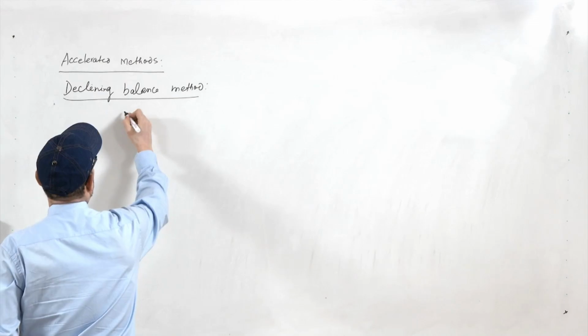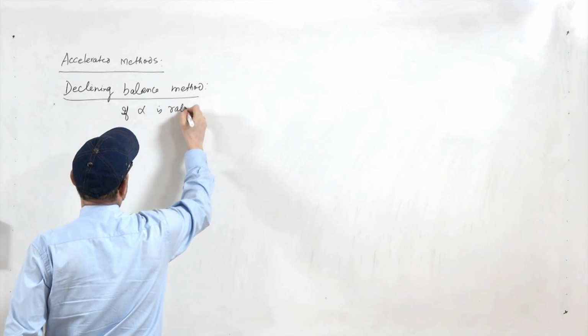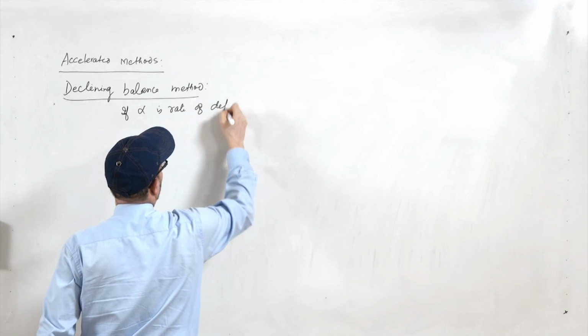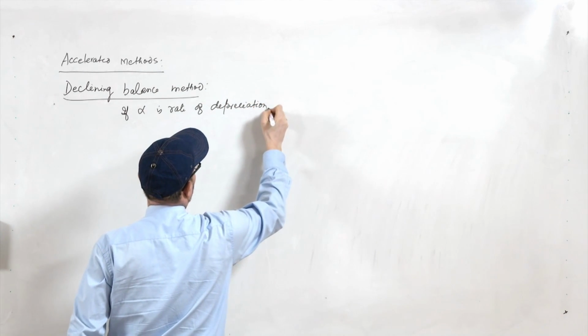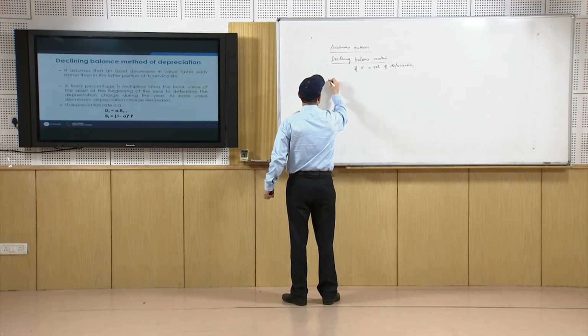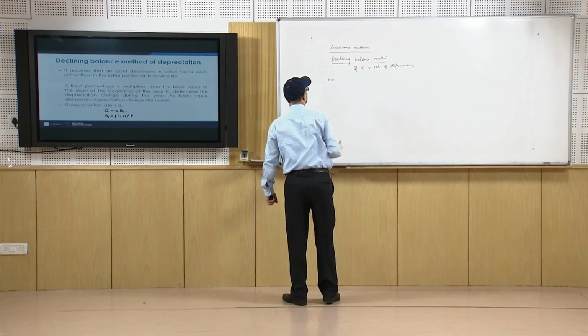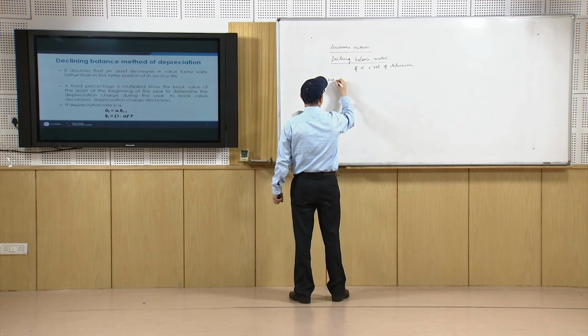So, if alpha is the rate of depreciation, let us find the depreciation and the book value in the form of a table.